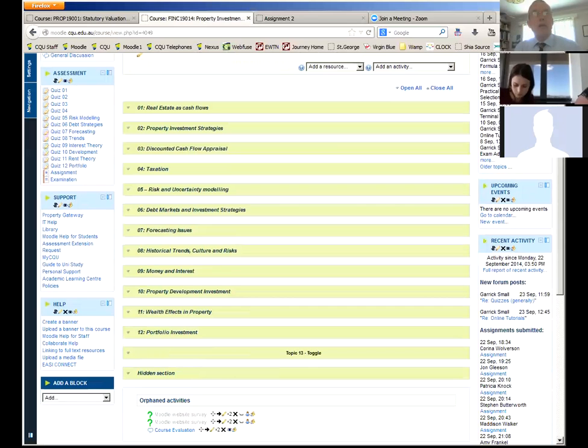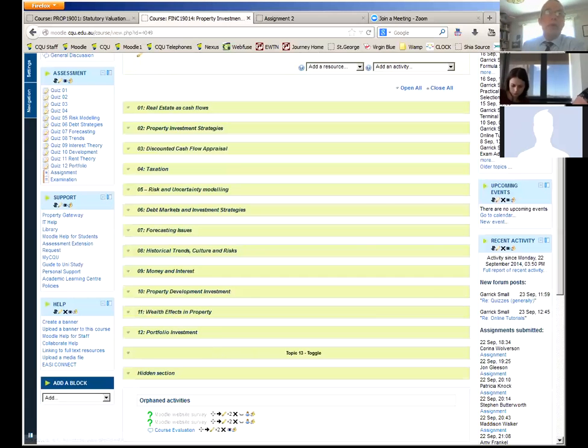And if we look at the course, you'll see that the first few topics, starting on weeks 2 or 3, down to about topic 7, are all primarily to do with mathematics and DCF. Weeks 1 and 2, or modules 1 and 2, are really just an introduction, so not that much theory in there, just sort of introduces the idea of property as investment.